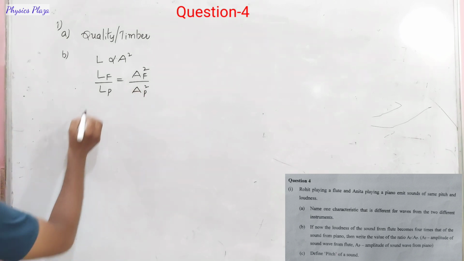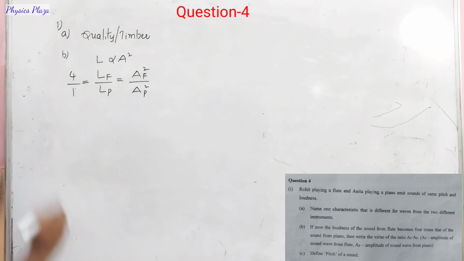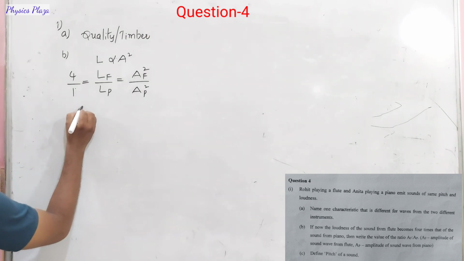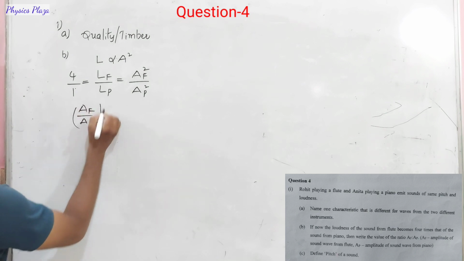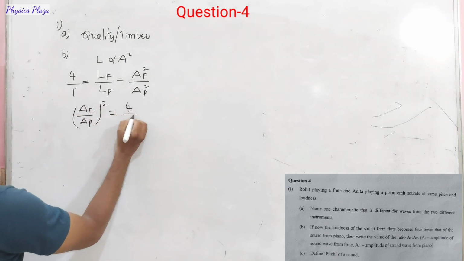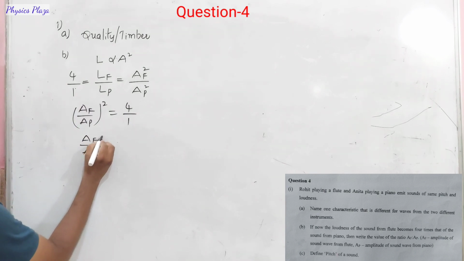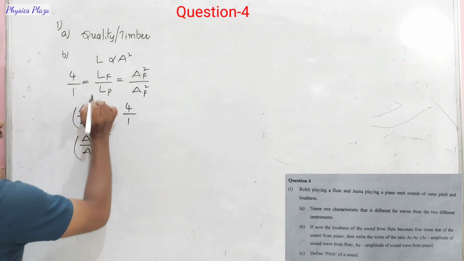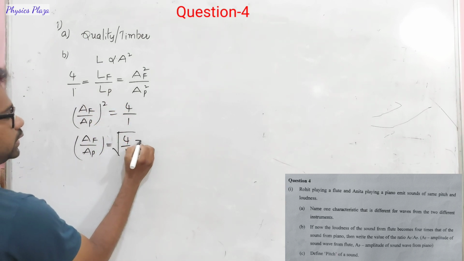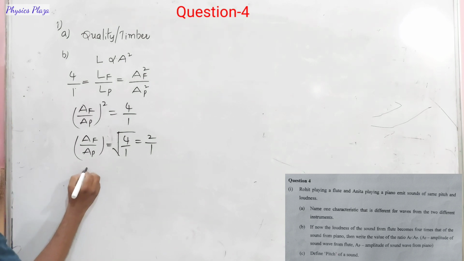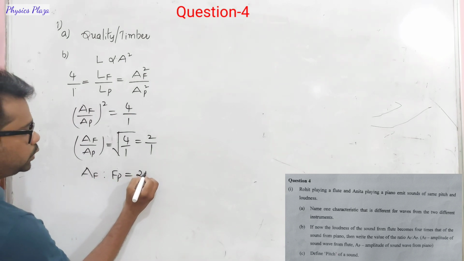Now they are saying the loudness of the flute is 4 times that of the piano, so AF by AP whole squared is equal to 4 by 1. The square will go to the other side, so it will be the square root of 4 by 1, that is 2 by 1. So the ratio of the amplitudes will be 2:1.